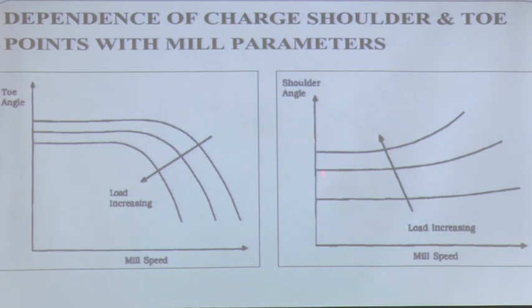Shoulder angle, what happens? Up to certain speed it is the same, then it picks up, and as the load increases it goes up. That is the kind of variation you can expect with the toe angle and the shoulder angle with the mill speed. Clear?